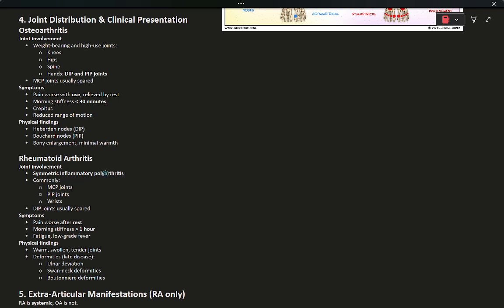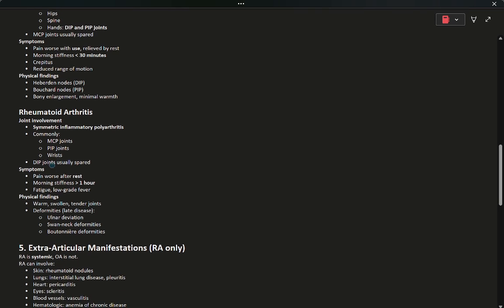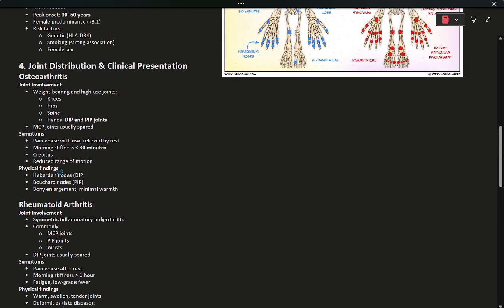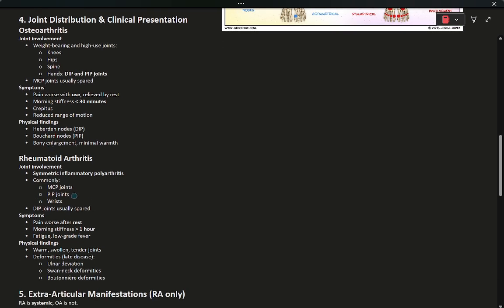So, although multiple joints can be affected, the ones that typically are affected include the metacarpophalangeal joints, the proximal interphalangeal joints, and the wrist. On the other hand, the distal interphalangeal joints are usually spared. And that is really how you distinguish between rheumatoid arthritis and osteoarthritis.